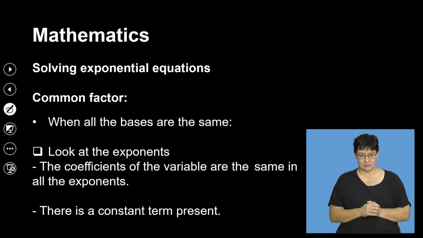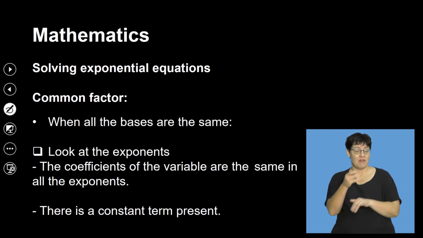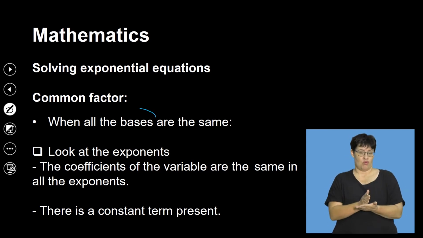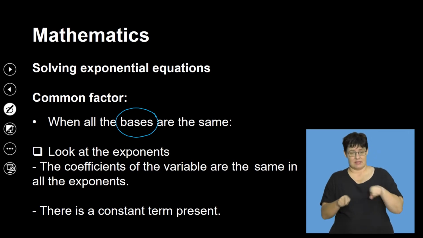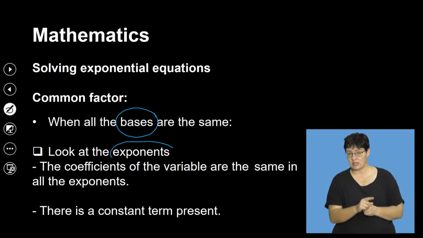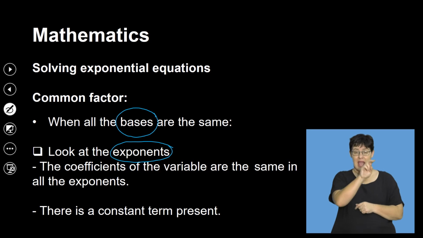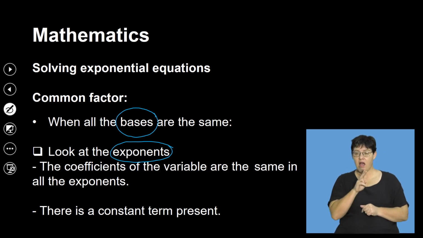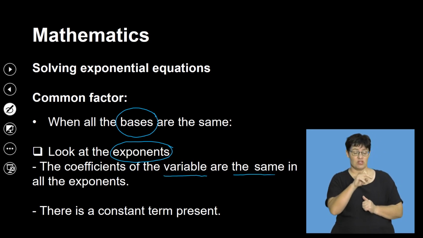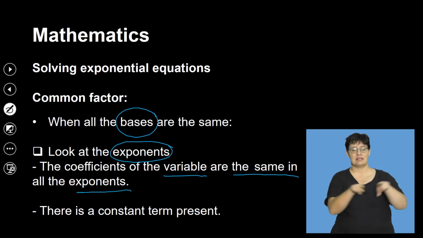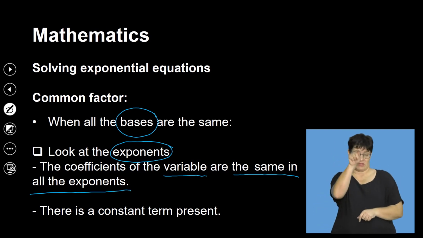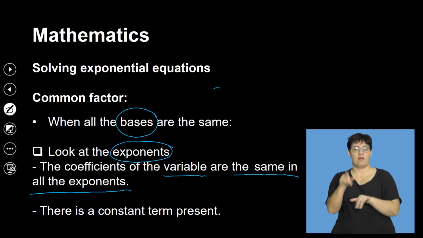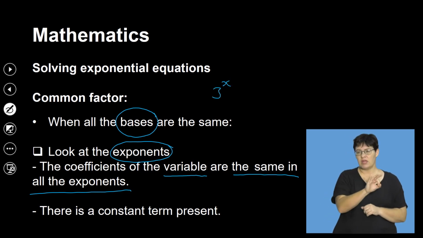Now, when solving using the common factor, make sure that first your bases are the same. What do you do? You look at the exponents, right? And when you're looking at the exponents, the coefficients of the variable are the same in all the exponents. That's what a common factor means. So it means I have 3 to the exponent of x, right?